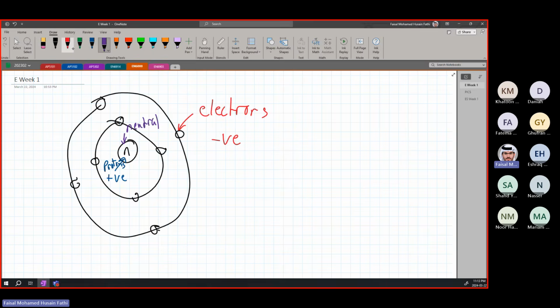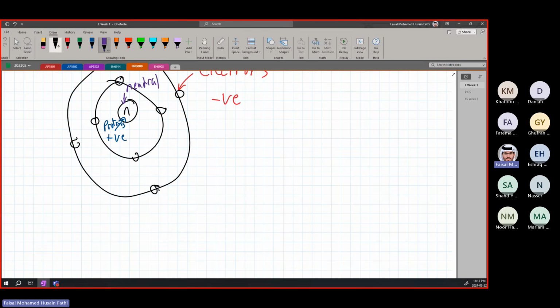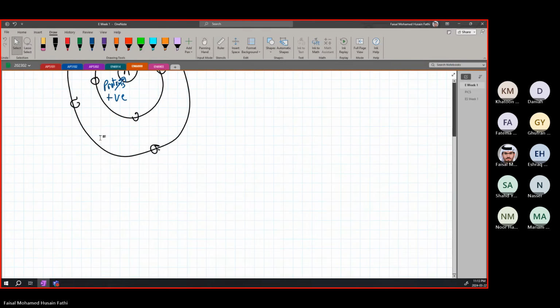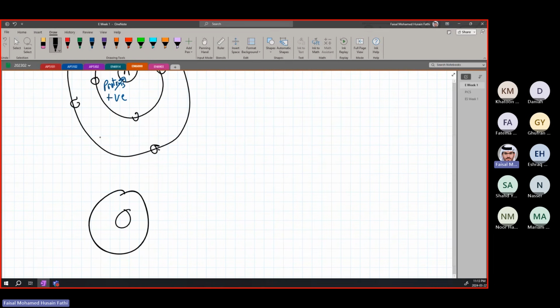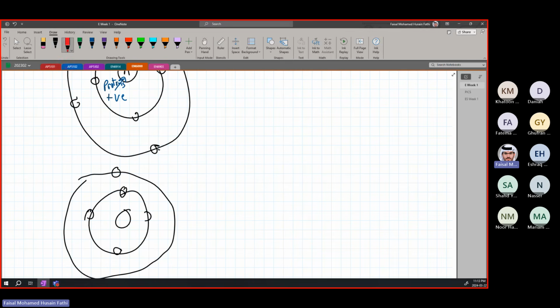So the idea is, if we have an atom and it has 4 electrons, the first band is filled, and then it has one valence electron over here. This is what they call a valence electron, as in a free moving electron. So it basically has one extra electron in an extra band of energy.